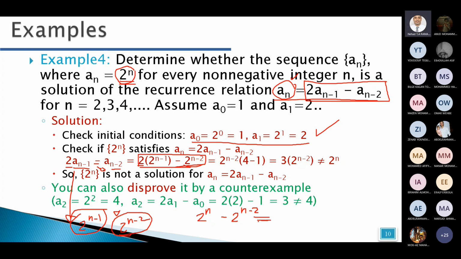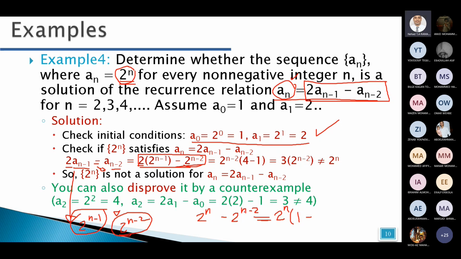To solve it, we can take 2 power n outside. There are many ways to solve it. We can take 2 power n outside. Then inside we have 1 minus 2 power minus 2 as a common factor.